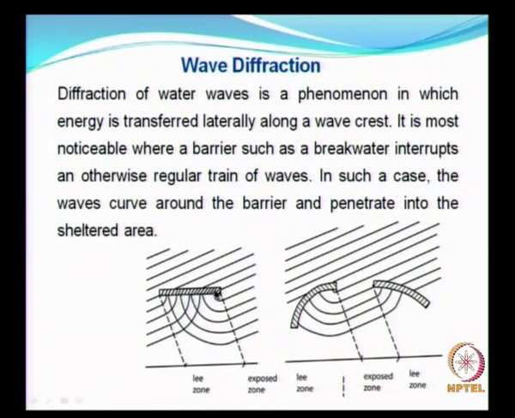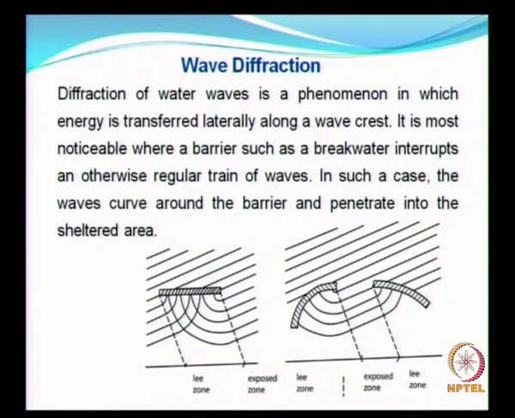So when you have a rigid barrier here and the wave crests come and meet the structure somewhere here, this is where it meets the structure. When it meets, this area will be an area with undisturbed wave crests, that is the wave crest will be moving as it has been moving before being incident on the structure.